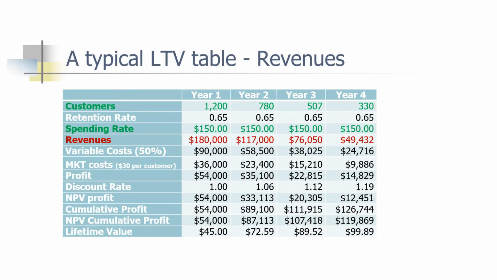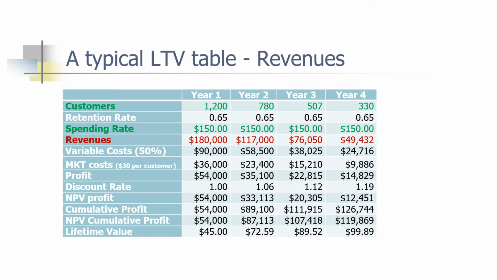Then we need revenues. Well, how do we calculate revenues? Well, let's see here. We remember that from our accounting class, and remember that from our Business 103 class, and remember this from every other class that we've had that talks about business rather than something else. Revenues are what? It's the spending rate times the number of customers. So how do I get $180,000 in revenue?